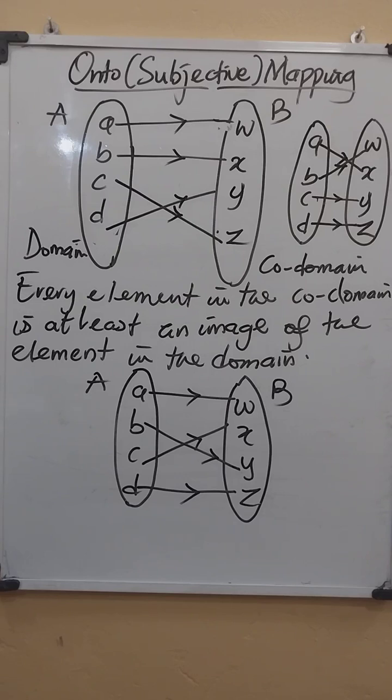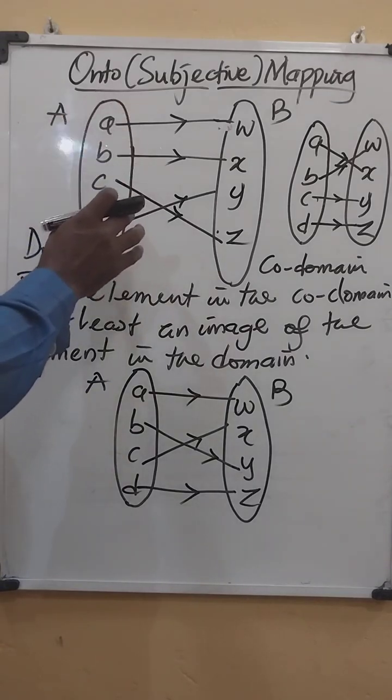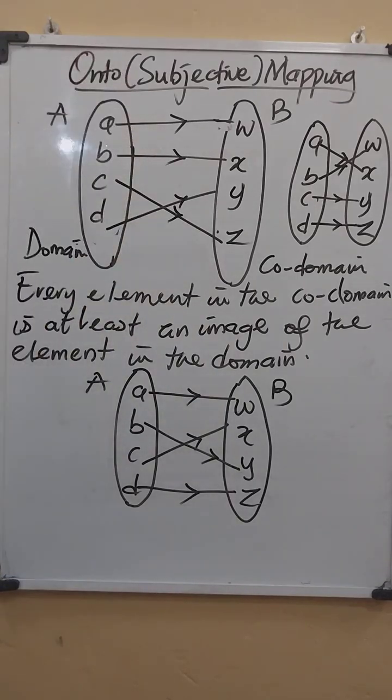When I did mapping yesterday, I said that mapping or function describes how elements from one set are related. I can't hear you. I said yesterday that in respect to mapping of functions, mapping is meant to describe how elements in a particular set, from one set, are related.